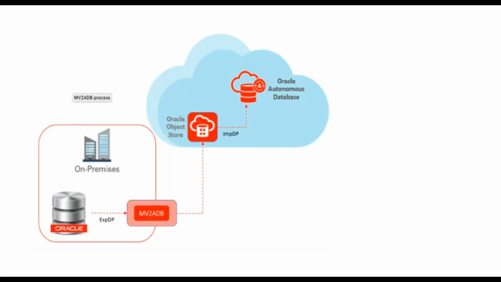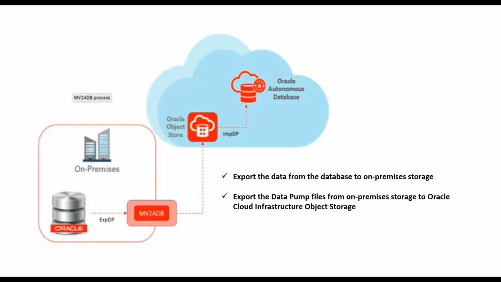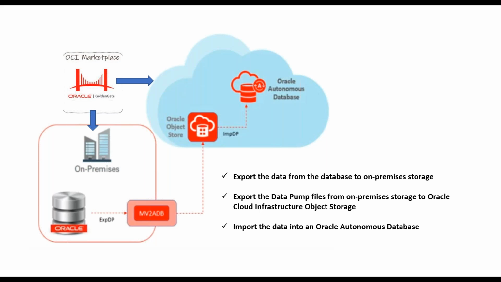Let's say in this example, it's on-premise. Then that export dump file is moved to the object store. Once the dump file is in the object store, it automatically runs IMPDP to copy the dump file to the target. So we export data from the on-premise database to on-premise storage, move the dump files from on-premise storage to the OCI object store, and then import the data into the Oracle Autonomous Database.